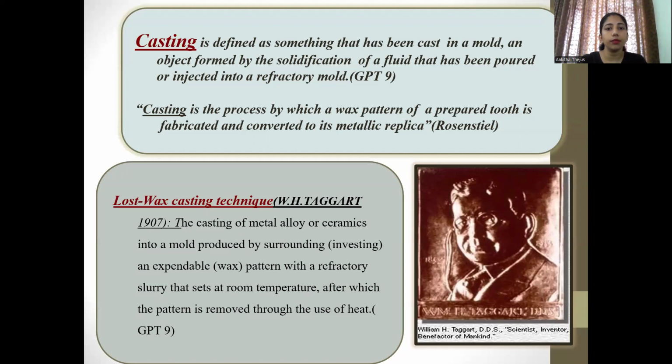So the surrounding medium is the investing material which we use. It can be the gypsum bonded investment or phosphate bonded investment, depending upon the type of casting which we are using or the temperature which we are giving the material. Next, the expendable material which we refer to here is the wax or the wax pattern which we have created.